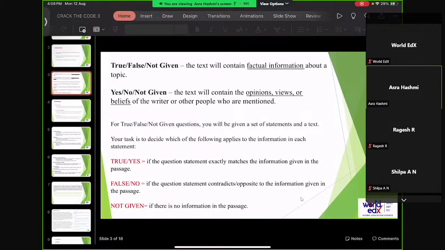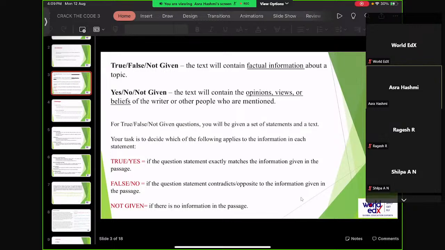You might have some prior knowledge about working at Amazon, but you have to remember that all of your prior knowledge will not be relevant over here. You have to read through the text, and if the information completely agrees with the question, it is a true statement. If the question contradicts the information in the passage, or even says something which is slightly opposite, it is still going to be a false statement.